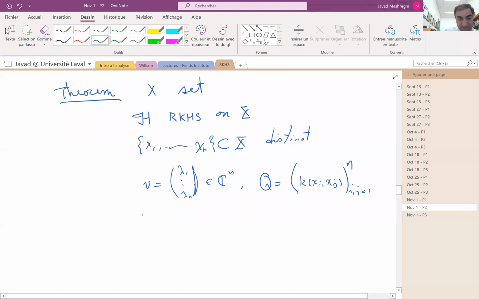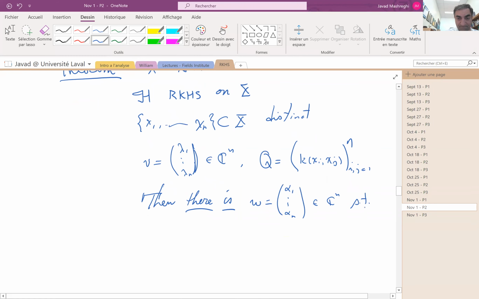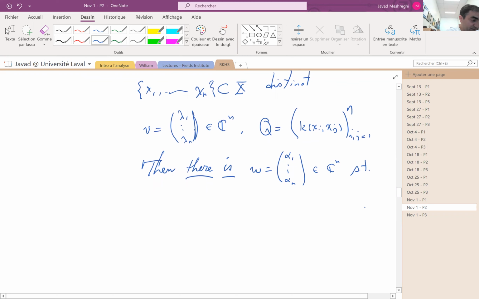Then there exists a vector in Cn, call it alpha 1 up to alpha n, such that v minus Q applied to alpha is in the null space of Q. Before, when the solution exists, v was equal to Q times alpha.